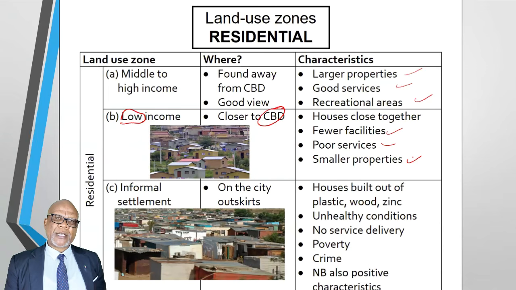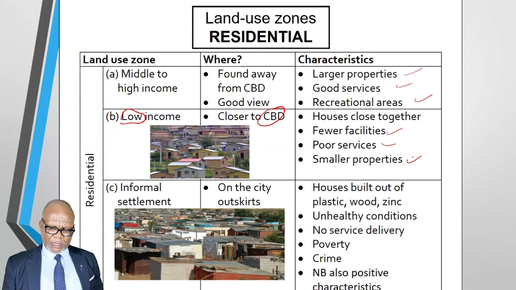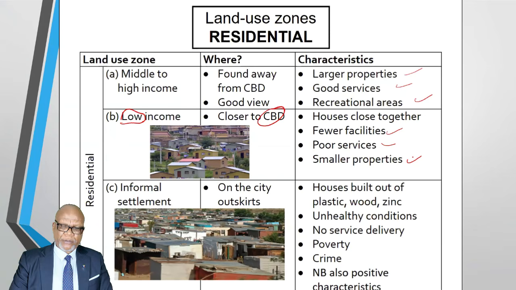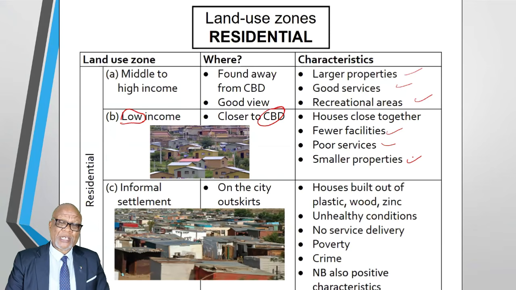So you could be asked to give characteristics of low income or high income residential areas. And then we have informal settlement. Informal settlement also has two characteristics. You can look at informal settlement in terms of a residential area. You can also look at informal settlement as an urban issue.